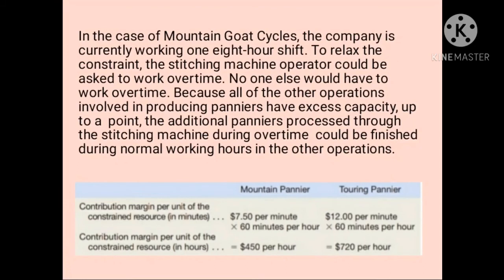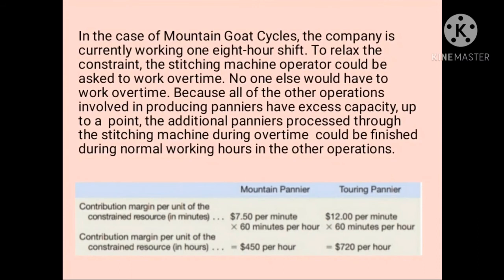No one else would have to work overtime because all of the other operations involved in producing panniers have excess capacity, and additional panniers processed through the stitching machine during overtime could be finished during normal working hours in the other operations. This number, which was originally stated in terms of minutes in the Mountain Goat Cycles example, is restated below in terms of hours for easier interpretation.